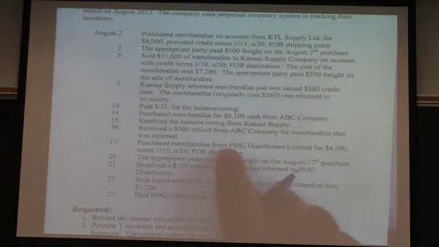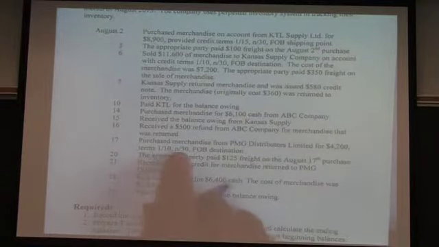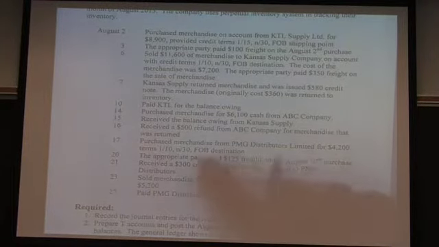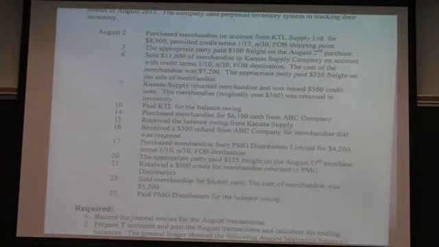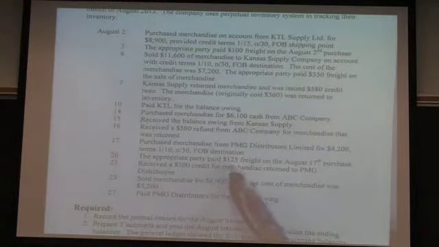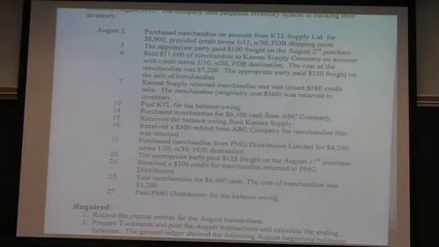Now, let's look at the 17th. On the 17th, we purchased merchandise from PMG for $4,200, terms 1/10 net 30, FOB destination. So again, FOB destination means that it's free on board until the destination. So who actually is responsible for the freight charges? Well, if we look at the 20th, the appropriate party paid $125 freight on the August 17th purchase. In that case, who's responsible?